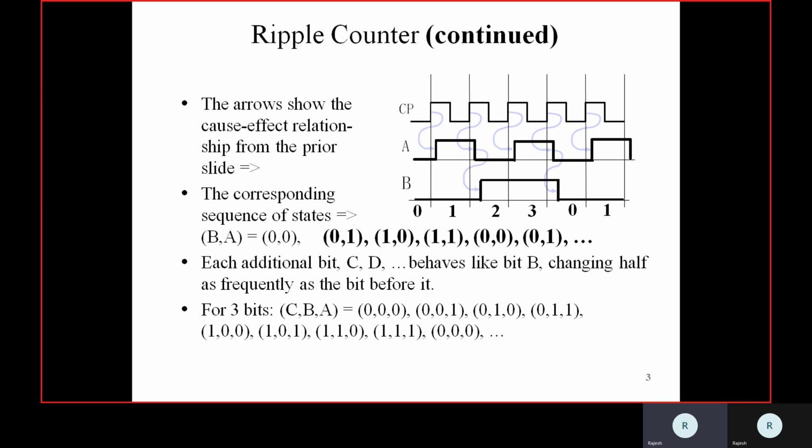So whenever A bar becomes a 0 to 1 transition, the second flip-flop's B output will make a transition from its present state. Here A is 1 to 0, so A bar is 0 to 1. At that time, B is changing.